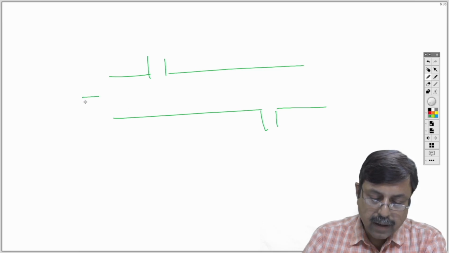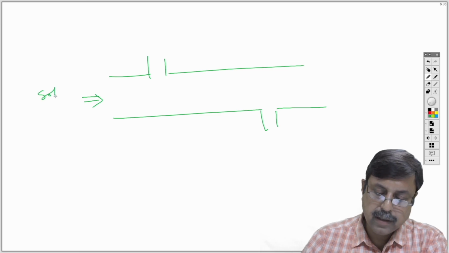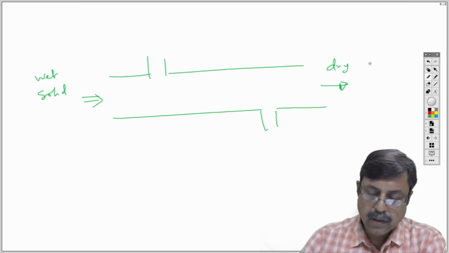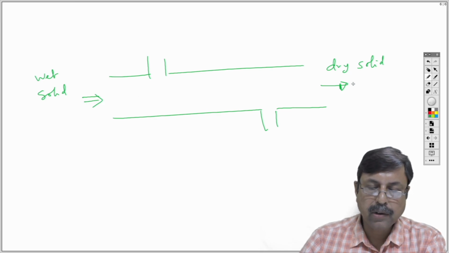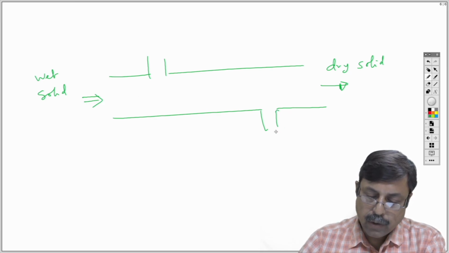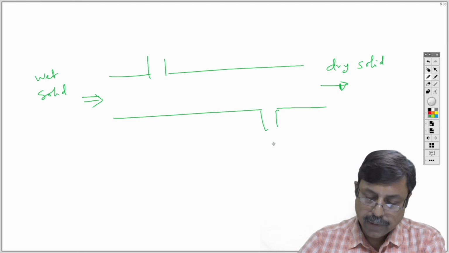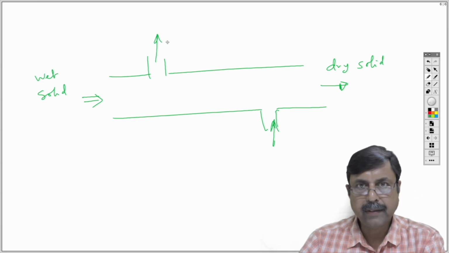From one end, the solid, that will be wet solid, goes in, and it will come out from the other end, which will be dry. It will be passed through a conveyor belt or something, and there will be some drying medium, mostly air. Air will be passed from this end, and it will come out from this end.